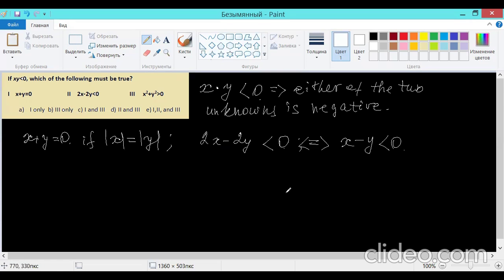Let's take a look. We know for sure that one of the two unknowns is negative. For example, if x is negative, then y is positive, because only one of the two unknowns is negative.